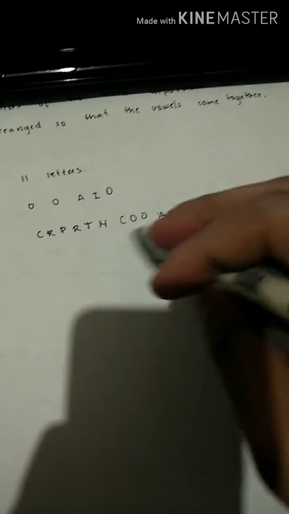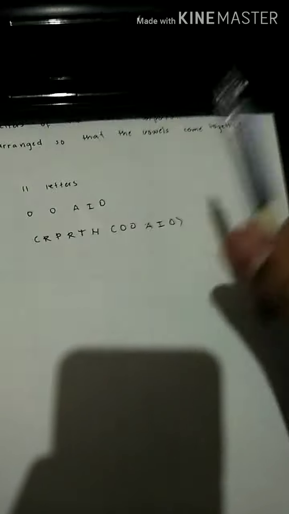Hence, these 5 vowels can be grouped and considered as a single letter, along with C, R, P, R, T. Hence, we can assume total letters as 7, but in the 7 letters, R occurs 2 times, and the rest of the letters are different.